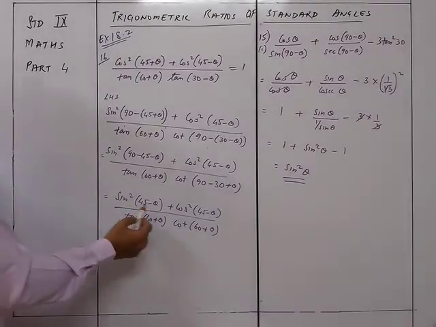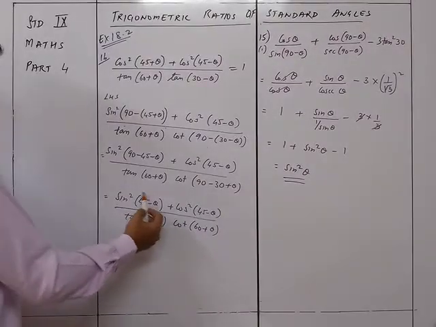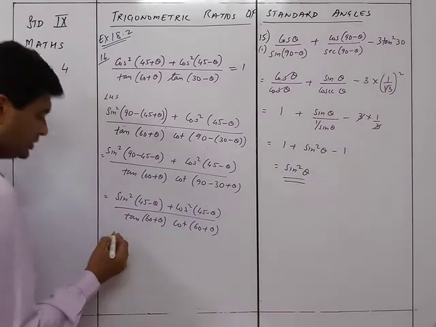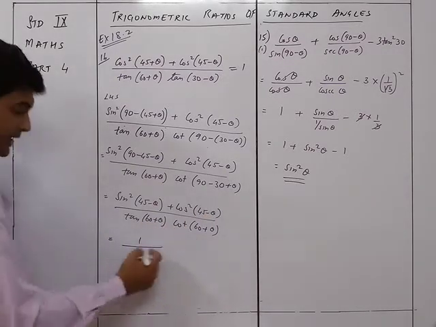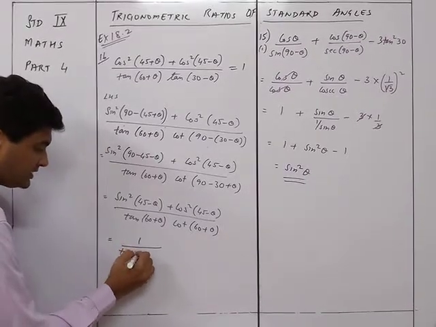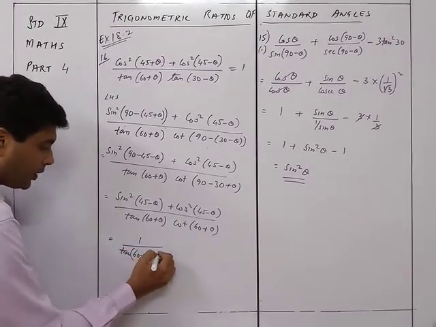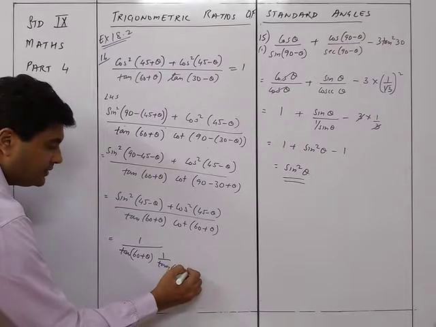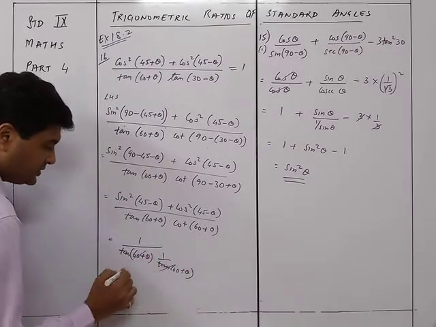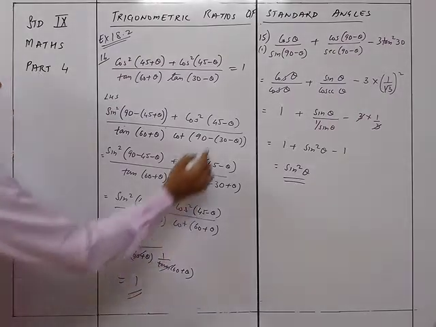Now in other words, sin square theta plus cos square theta is 1. So this whole thing is one theta, the angle is the same for both. So that's why it will be 1 upon. Now cot is nothing but 1 upon tan. So tan 60 plus theta into 1 upon tan 60 plus theta. So this cancels, so it is equal to 1. That is what we wanted.